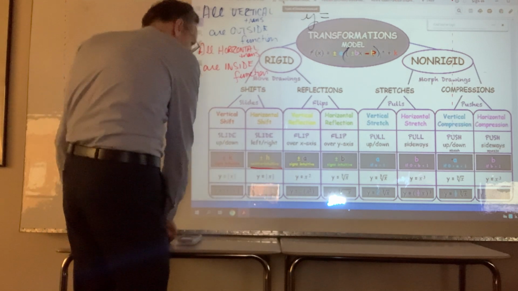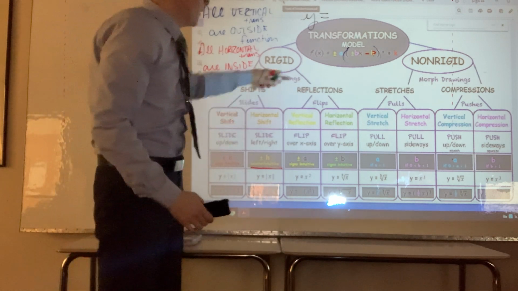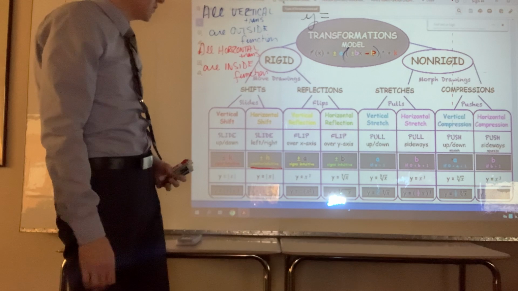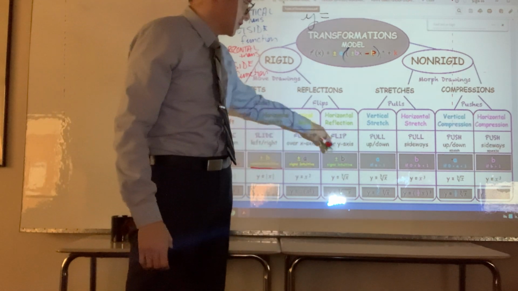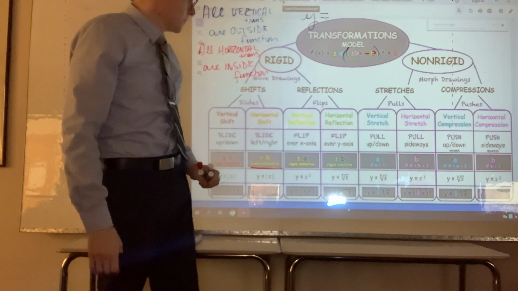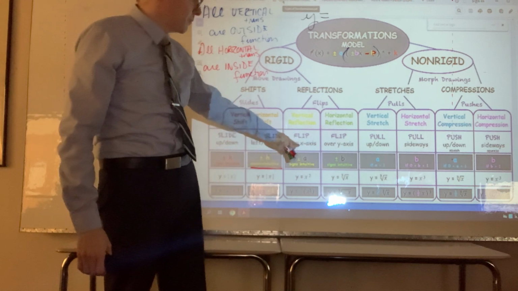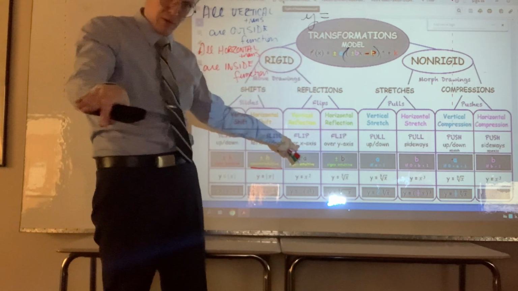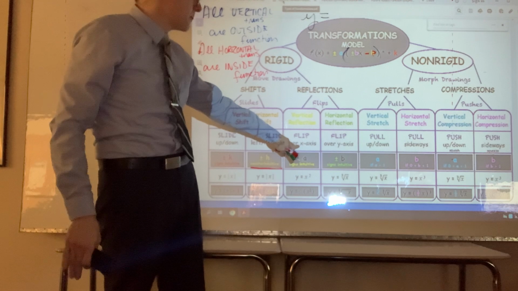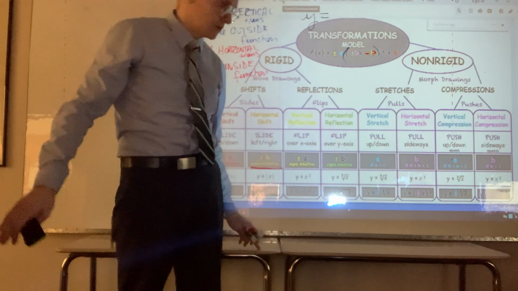Now, the next ones, the reflections, right? Reflections can be flipped over an x-axis or flipped over a y-axis. It's a little bit confusing, but when you flip over an x-axis, the horizontal axis, what you have is a vertical reflection, right?